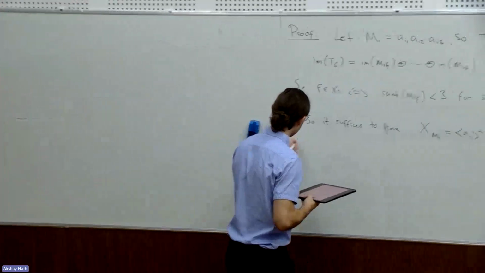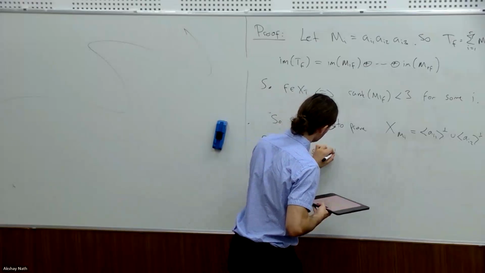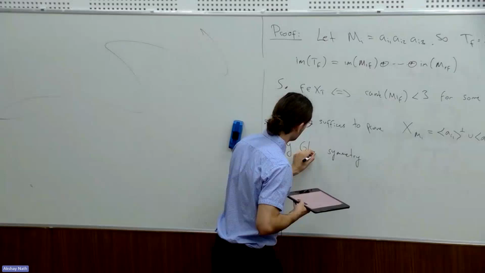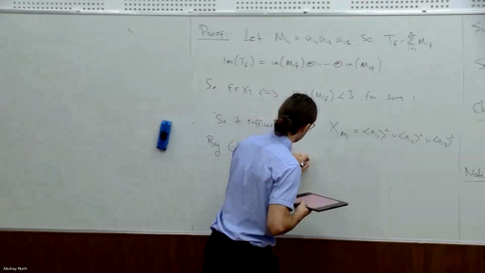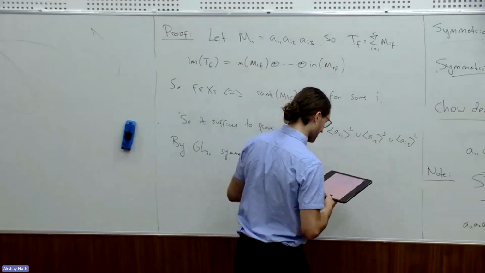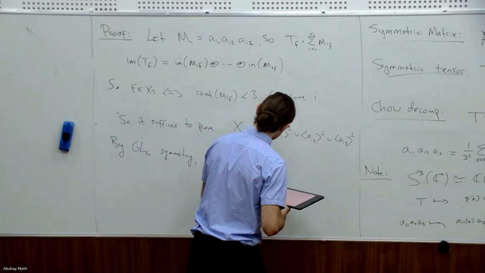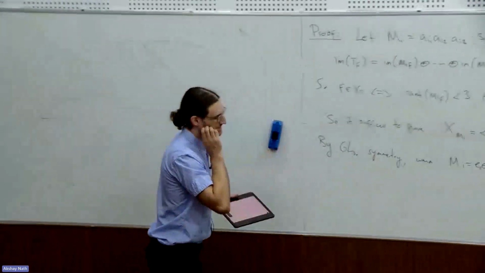So by GL_3R symmetry, we can assume that M_i is E1, E2, E3. This is just a symmetry argument.